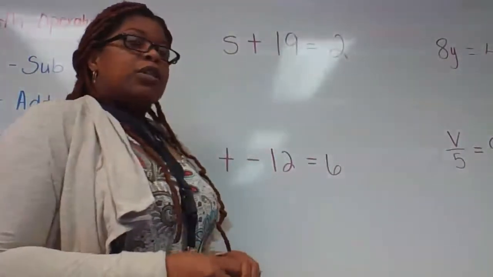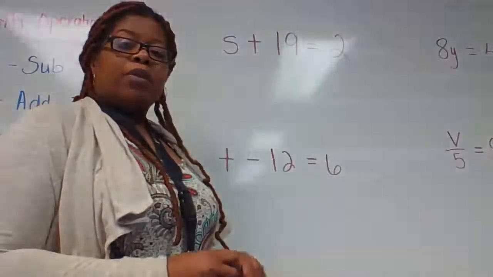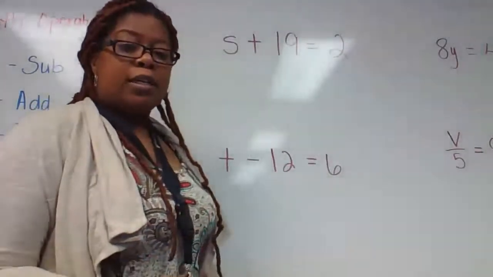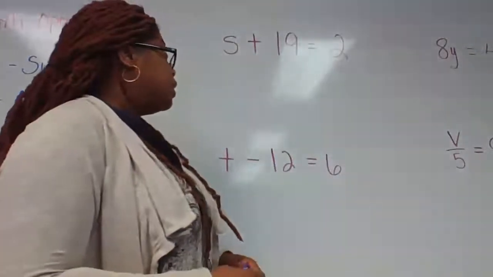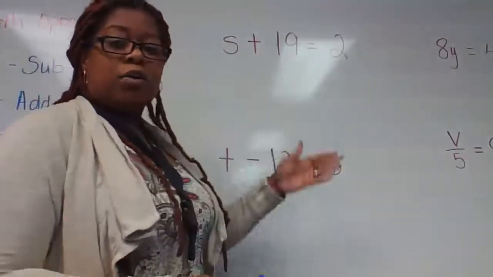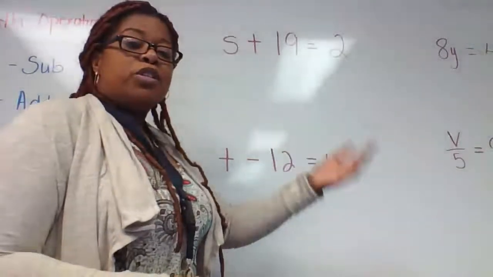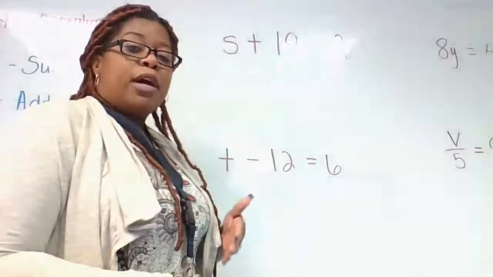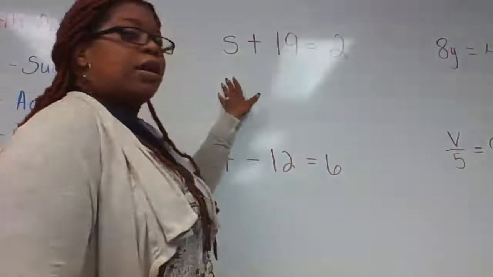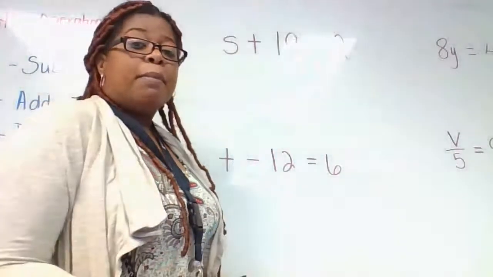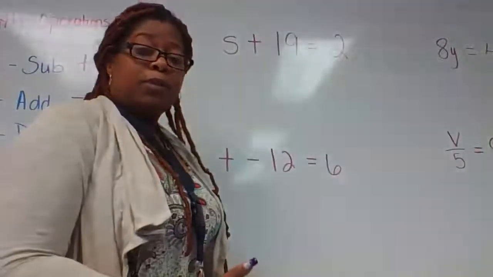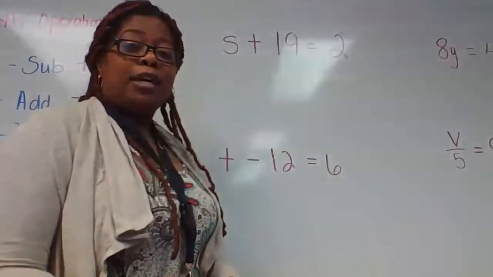Now, the next thing I want you to ask yourself is, when this problem is all said and done, what should I see at the end? What you should see at the end is S equals something. Because when we are solving equations, we are trying to figure out the value of the variable. The variable signifies that there is a number, but we don't know at this particular moment what the number is.